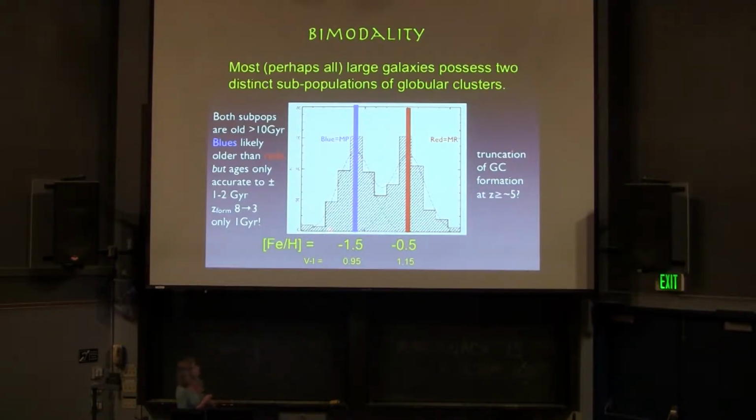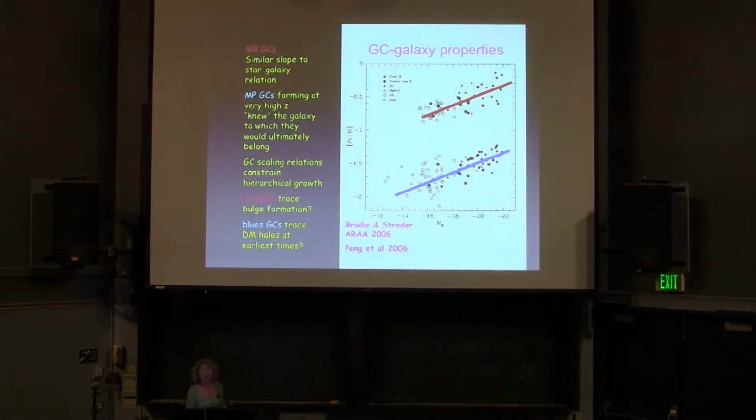Theoretical attempts to explain this metallicity bimodality, or the presence of distinct subpopulations, would seem to require an ad hoc truncation mechanism whereby you truncate metal-poor globular cluster formation at high redshift. One of the possible mechanisms was cosmic reionization. Nonetheless, no matter how this bimodality comes about, it's pretty ubiquitous.